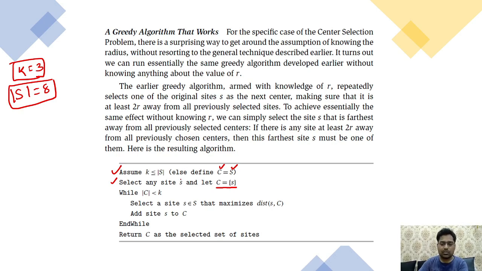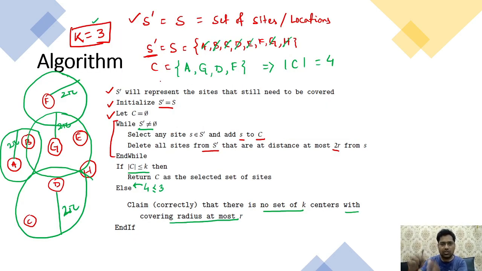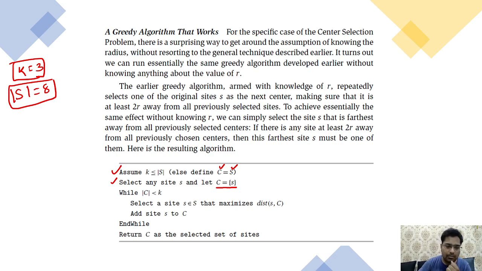What they have changed, instead of keeping the S prime to be empty, here they have considered this one as C, like the set of centers should be less than k. If you have selected, suppose 4, that should not be run with that 4. Clear? It should be less than k, then only will it have a proper solution for you.